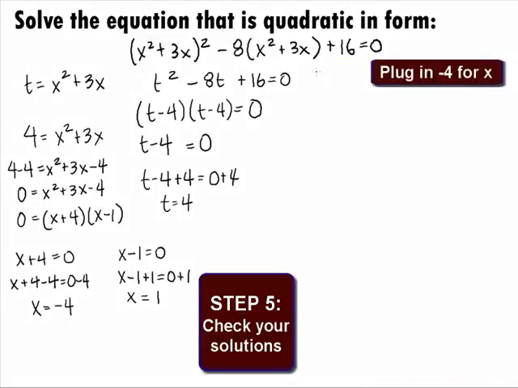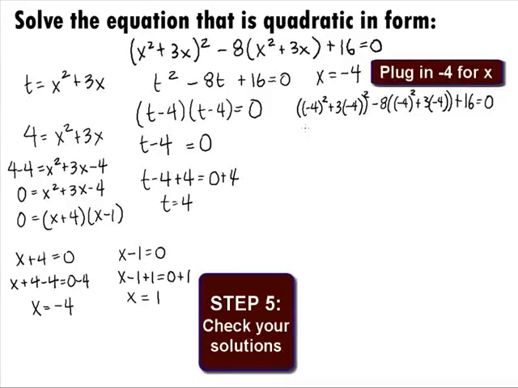Plugging -4 in for x into the original equation, we will get (-4 squared plus 3 times -4) quantity squared, minus 8 times the quantity (-4 squared plus 3 times -4), plus 16 equals 0.